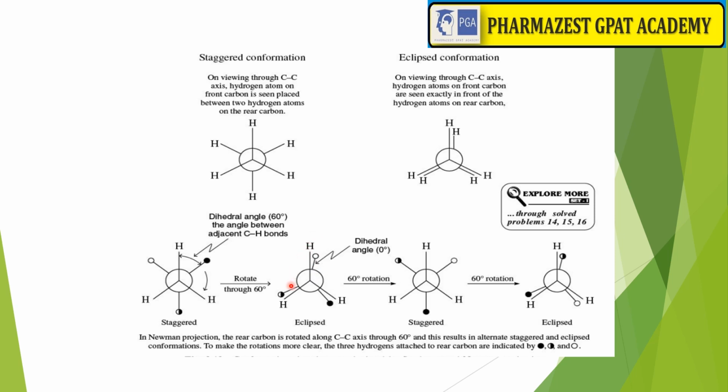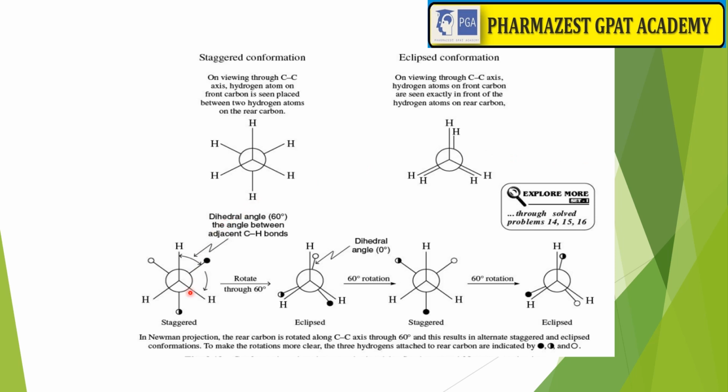That is, here there is maximum repulsion due to minimum distance, whereas here there is minimum repulsion because there is a maximum distance between these two carbons. When this form is rotated again by 60 degrees, it forms staggered. Again rotating by 60 degrees, it forms eclipsed.